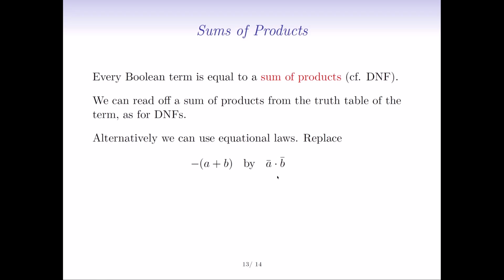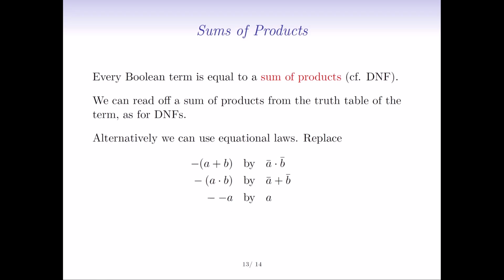So first of all, we use De Morgan laws, so we can replace minus (a plus b) by minus a dot minus b. That's a De Morgan law. And similarly, we can replace minus (a dot b) by minus a plus minus b. And any double negations, minus minus a, by a.